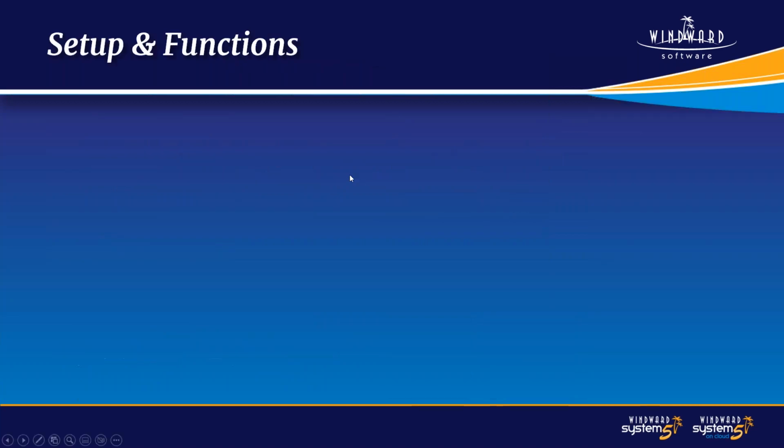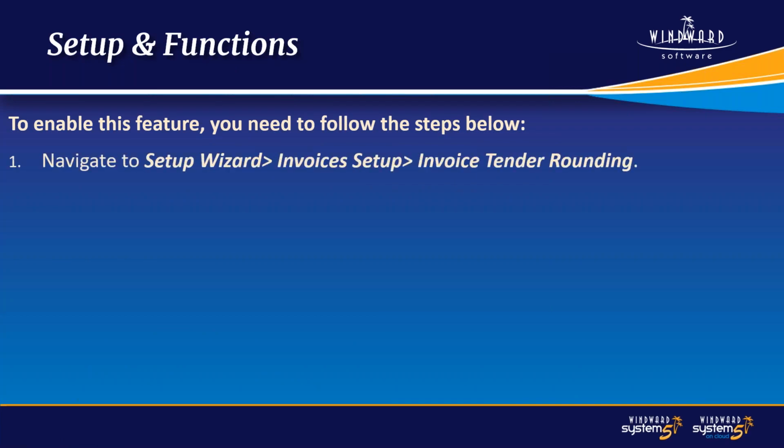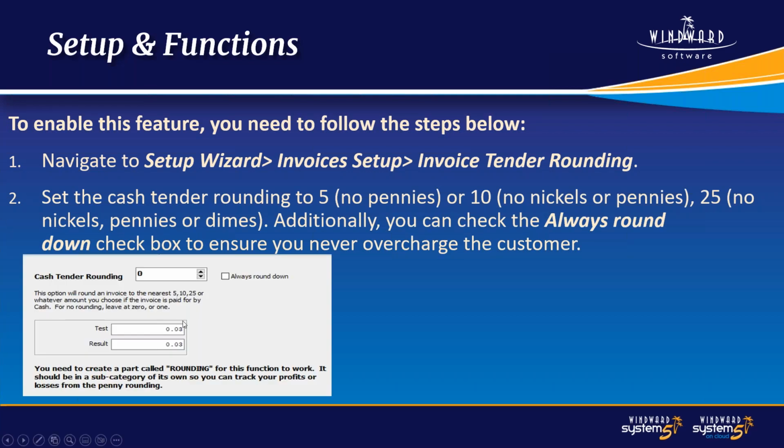For the setup, to enable this feature, we just need to follow the steps below. First is to navigate to the setup wizard, invoice setup, invoice tender rounding. I'll show you later on. The next is to set the cash tender rounding to 5, which is no pennies, or 10, no nickels or pennies, or 25, no nickels, pennies, or dimes.